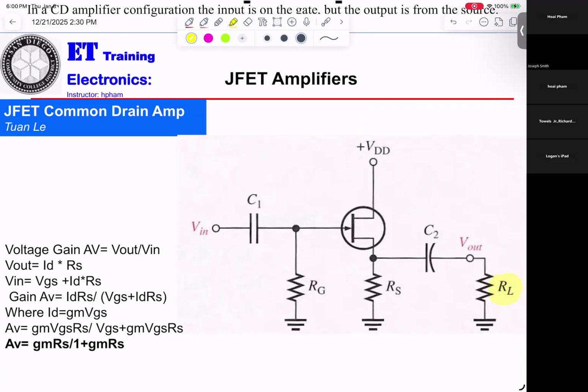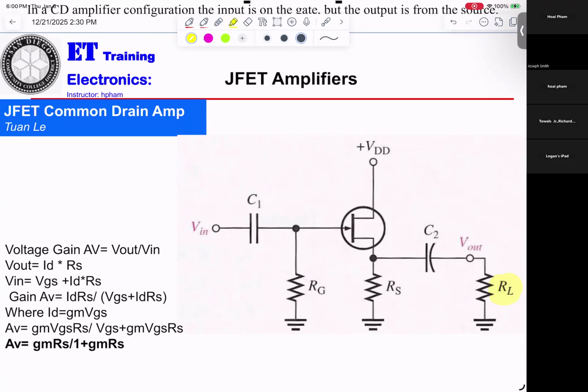I'm talking about what type of DC bias: is it fixed bias, self bias, or voltage divider bias? You're able to answer that question. In this case, it will be self bias. Okay?